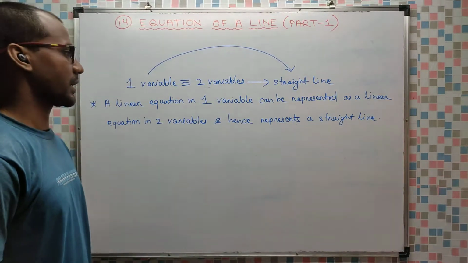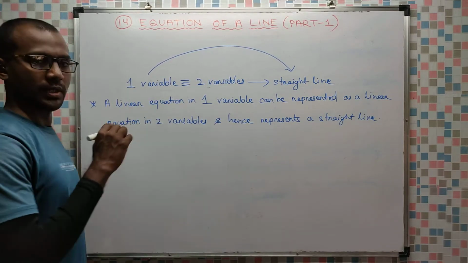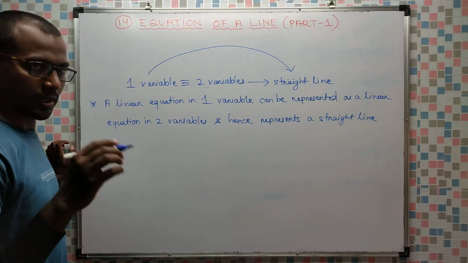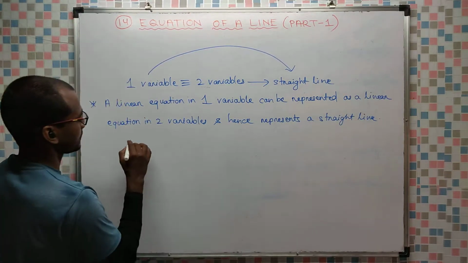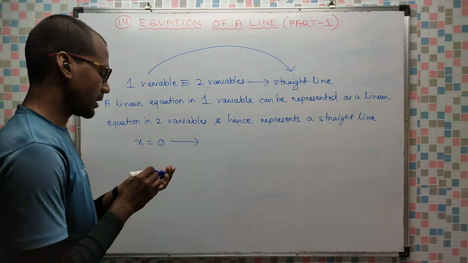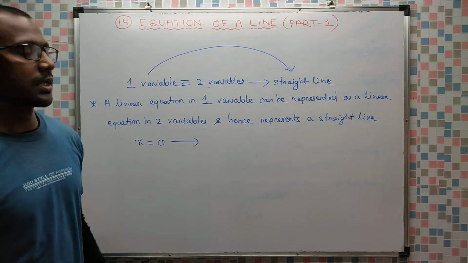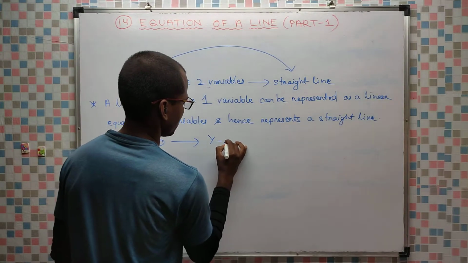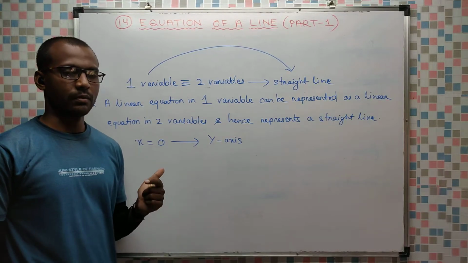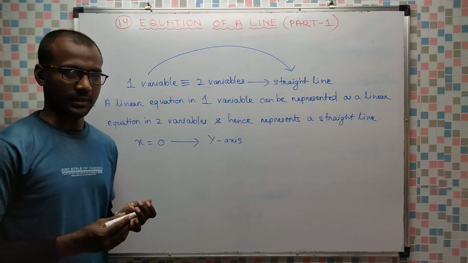We'll take some specific examples of linear equation in one variable. You have already known this; in the chapter reflection, I have already explained. x is equal to 0 is a linear equation in one variable, but it represents a straight line. Which line is it? It is the y-axis. In the reflection chapter, I explained that x is equal to 0 is the equation of the y-axis.